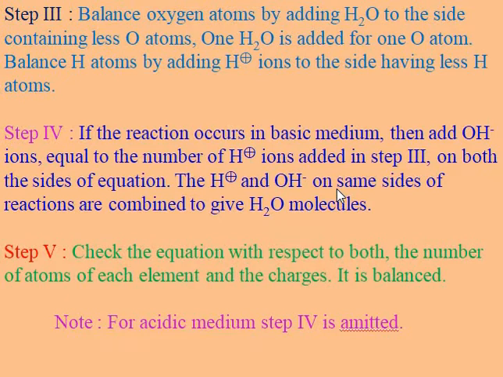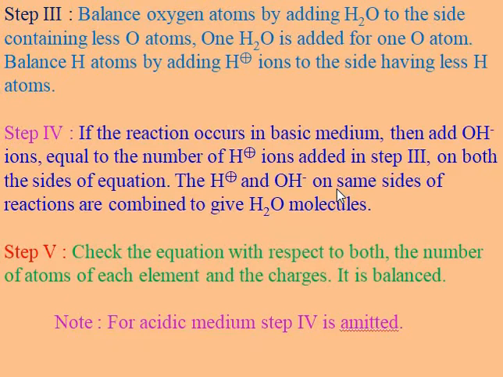And the last step: check the equation with respect to both the number of atoms of each element and the charges. Then it is a balanced equation. This step checks whether the number of oxygen atoms, hydrogen atoms, and their charges are balanced or not. If all the species are balanced, then this reaction is a chemically balanced equation.